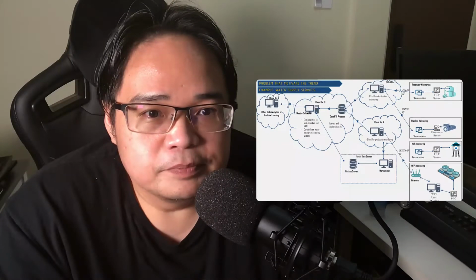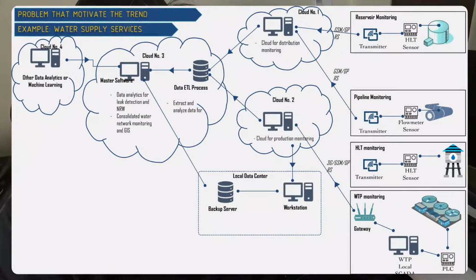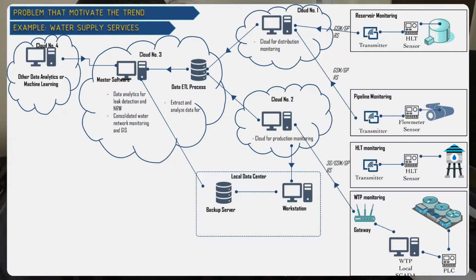And then after that, the cloud will be connected through various means. For example, we have reservoir monitoring that connects to a specific cloud, which is normally proprietary. Pipeline monitoring also connects to the cloud. High level tank monitoring and water treatment plant monitoring just now also connect to the cloud.